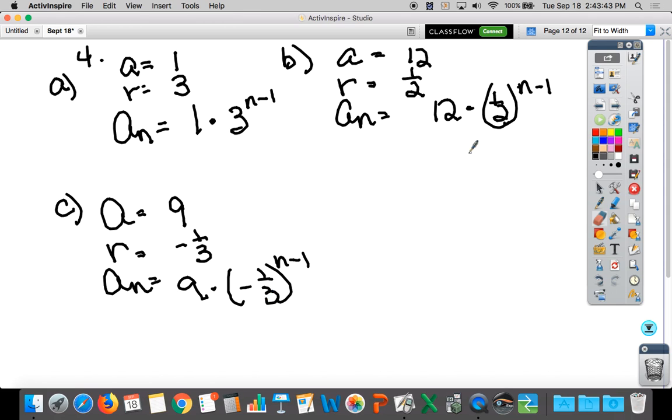All right, so now that is actually 4a. I believe that was written over on your sheet. So you're going to use 4a at the top and find me the t sub 4 value and the t sub 12 value.